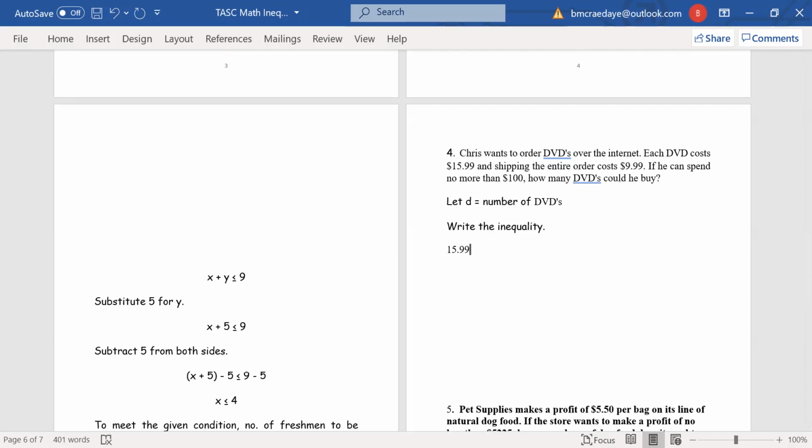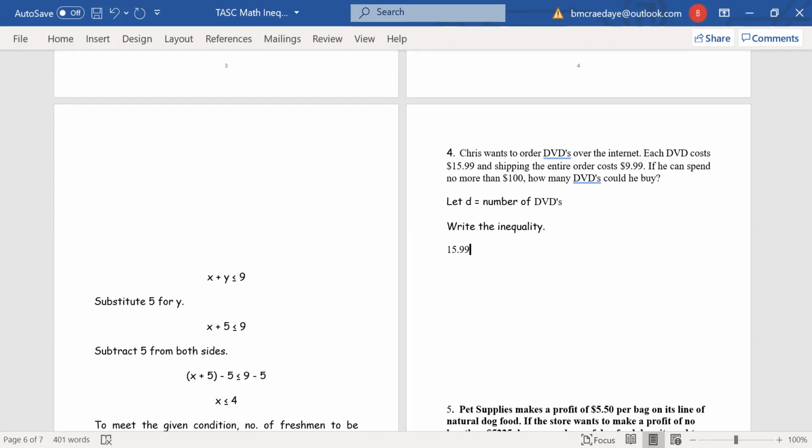What does the 15.99 represent? The amount of money for each DVD, the cost of each. So what would that 15.99 be multiplied by?